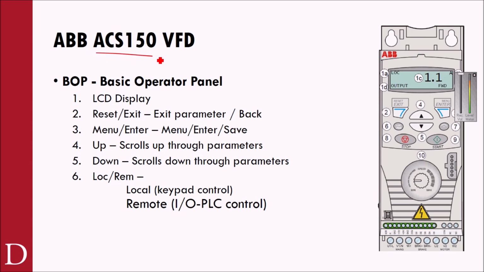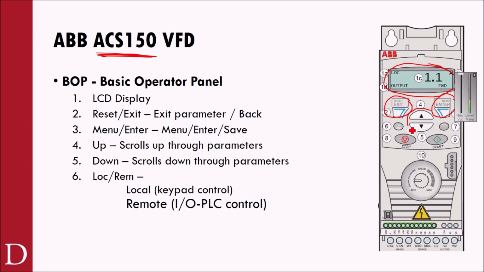All right, for the ACS150, specific to our drive, many of the drives are going to look like this. When you look at the LCD, this whole area up here is our display, our liquid crystal display, where we're going to get all of our information. The reset exit button right here is kind of like a back button. The enter button over here is kind of like a select button.